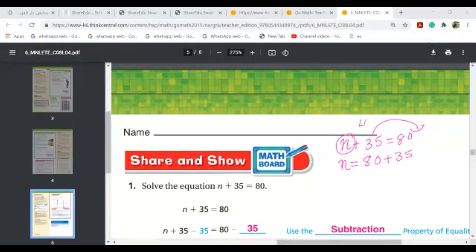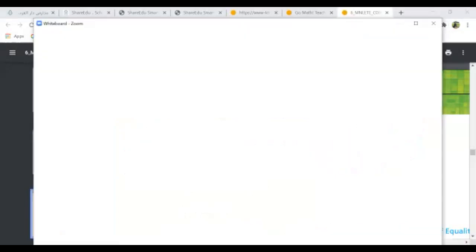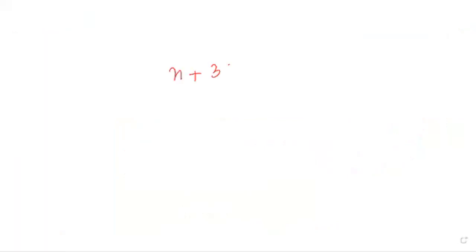This is the left-hand side. This is the right-hand side. I have to use the white screen again. N plus 35 equals, what is it, 85?